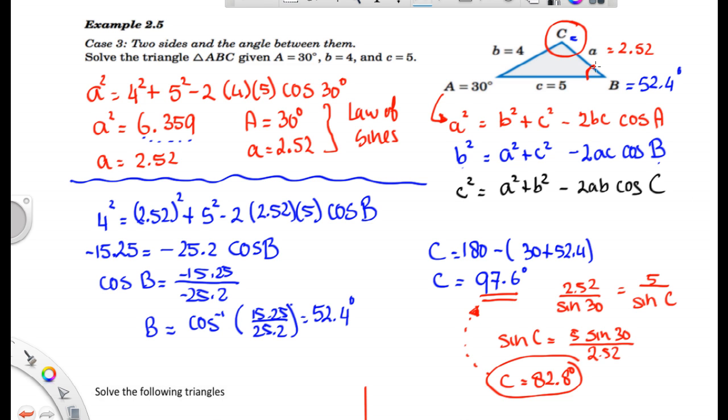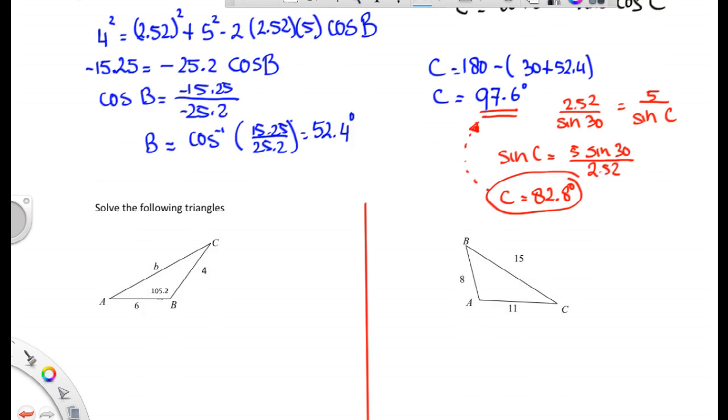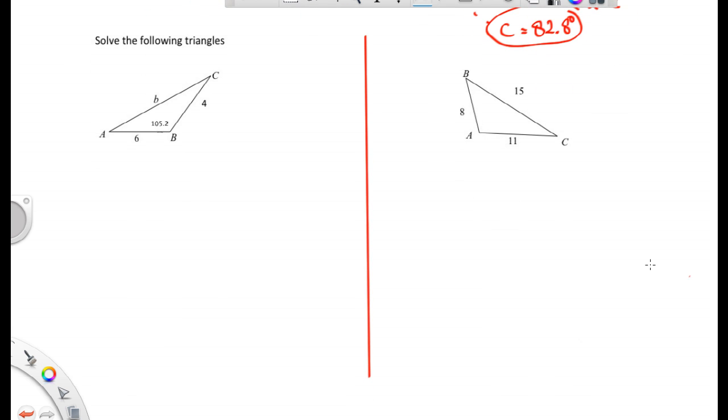Having the acute angle here does tell me that I could have used the law of sines for b, and I would have found 52.4. If I were looking for c and using the law of sines, I need to understand that c is larger than 90. So it's up to you guys. I'll be safe.